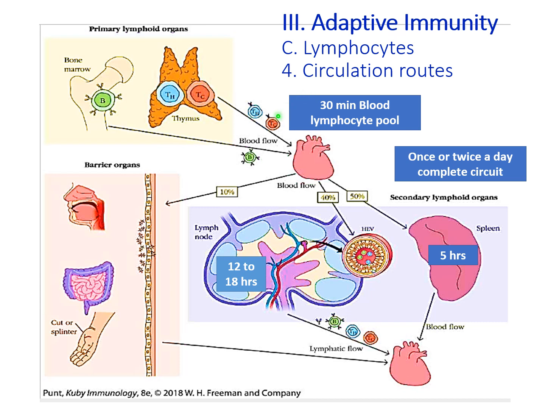There is continual lymphocyte recirculation, and this recirculation maximizes the number of naive lymphocytes that encounter antigen. So an individual lymphocyte may make a complete circuit from the blood to the tissues and lymph nodes and back again once or twice a day.